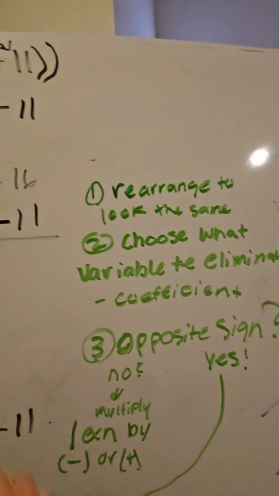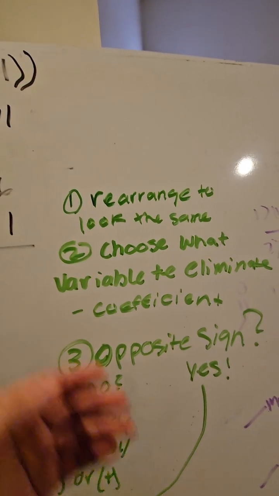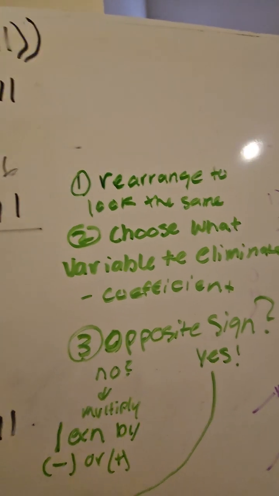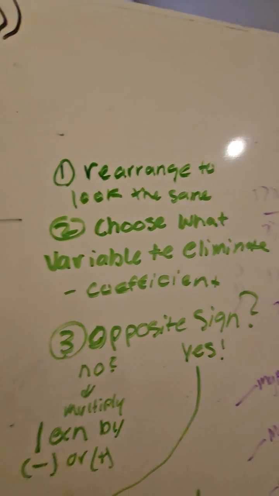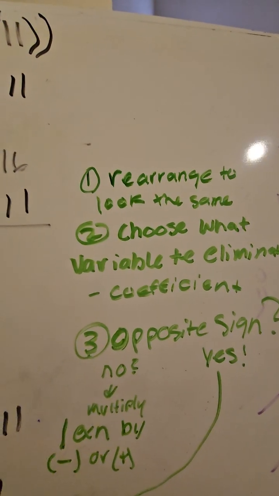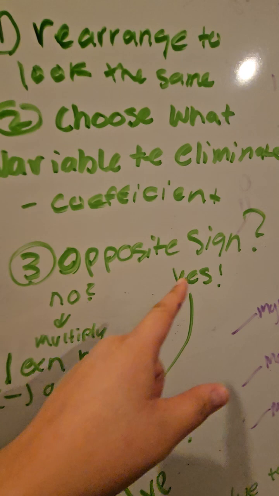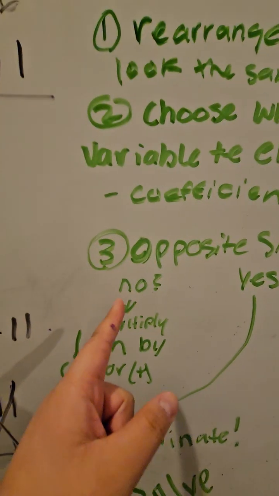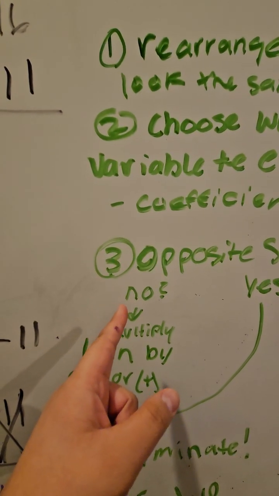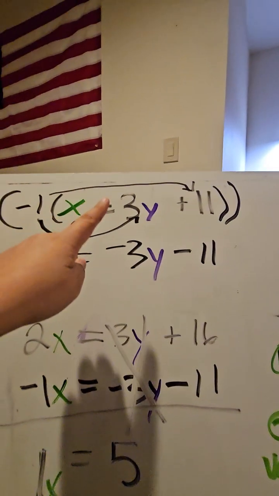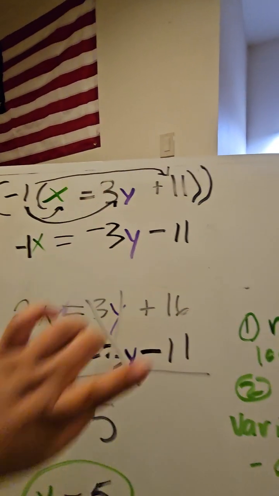Yeah, we rearranged it, and then we were like, okay, do any of the variables have coefficients that are the same value? So we said, yeah, the y's both have 3's in front of them. We were like, okay, are they opposite signs? And no, they weren't opposite signs technically. As you recall, at the beginning, they were both positive 3y.